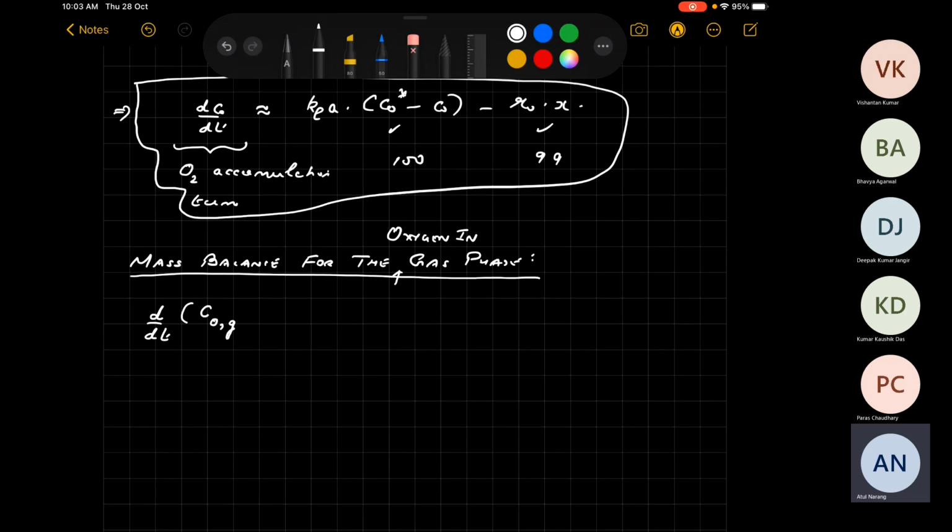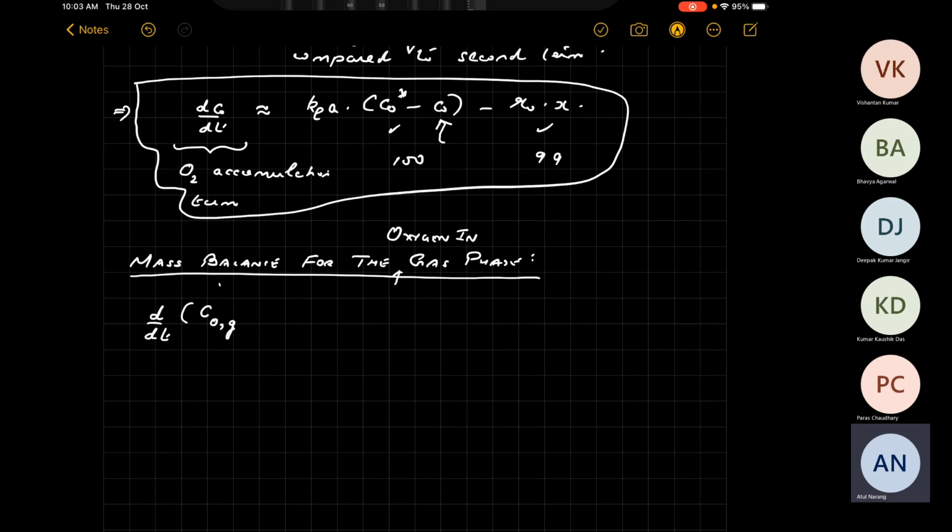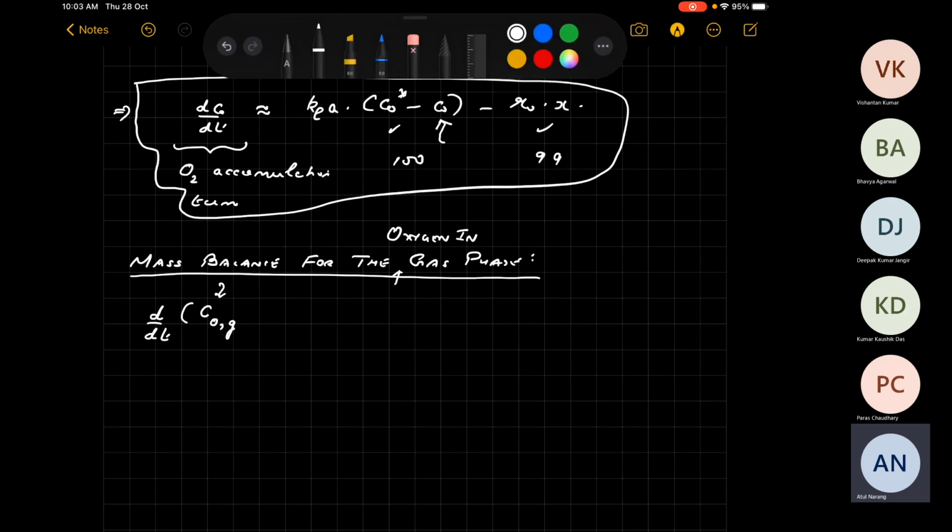I use G to distinguish it from C_O, which I have used over here. This is the concentration of oxygen in the gas phase, whereas this is the concentration in the liquid phase. So C_O,G multiplied by V_G.